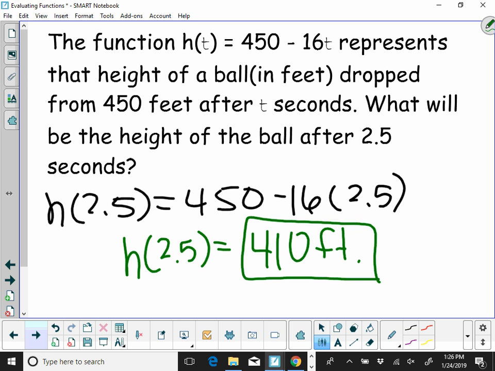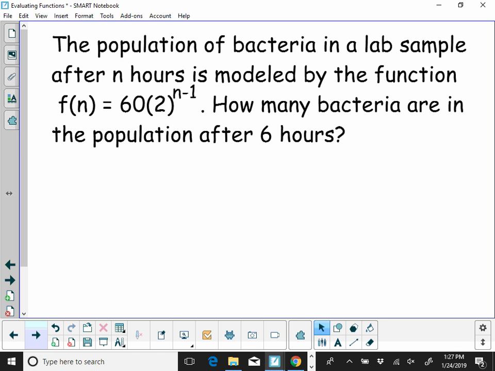Okay? All right. This is where your calculator skills need to, some of you need to be refined. The new calculators help you out a little bit, but the older calculators, you can mess this up really bad.